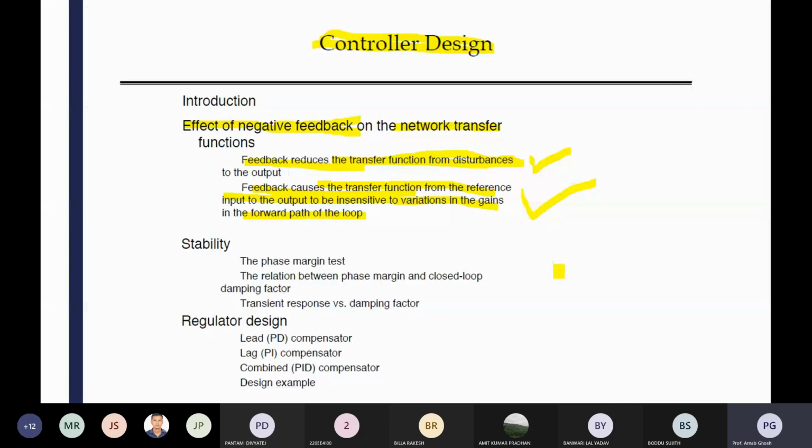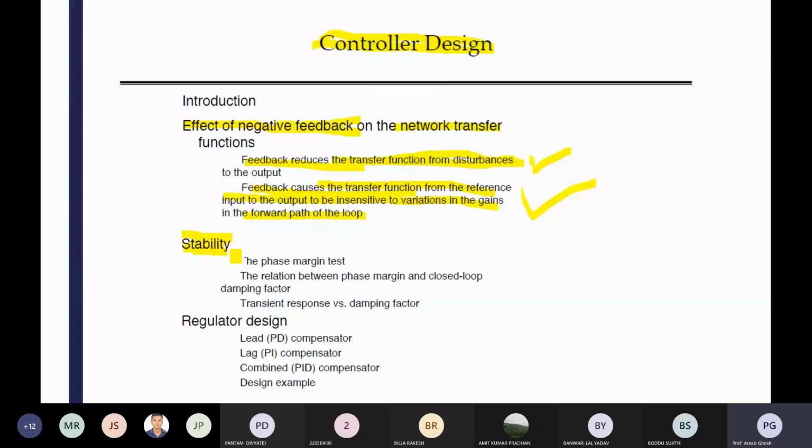Then stability. Stability check means you have to check stability in the frequency domain and time domain. A lot of methods are there, like the root locus method, then phase margin, Bode plot, Nyquist plot, and polar diagrams.